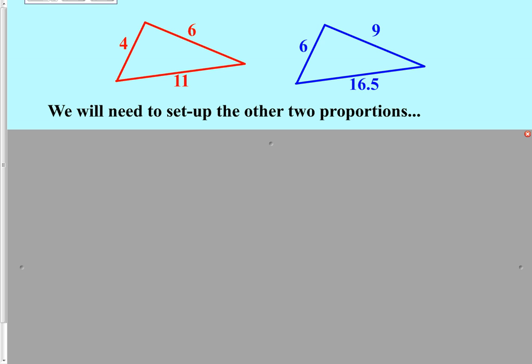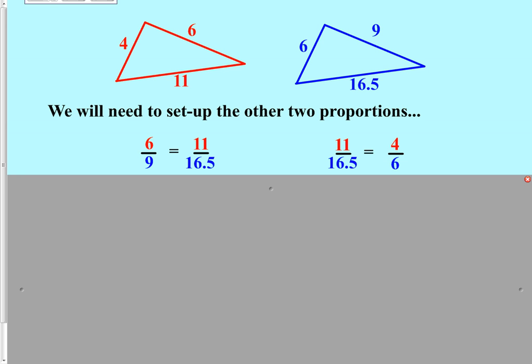I've already compared the smallest lengths to the medium lengths, so I can also compare the medium lengths to the largest lengths, and then I can compare the largest side lengths to the smallest side lengths. Using the same kind of pattern, I'm able to fill in the rest of the blanks. 6 from the left, medium, corresponds to 9 on the right, also medium. 11 on the left, which is the largest, corresponds to 16.5 on the right, which is the largest.